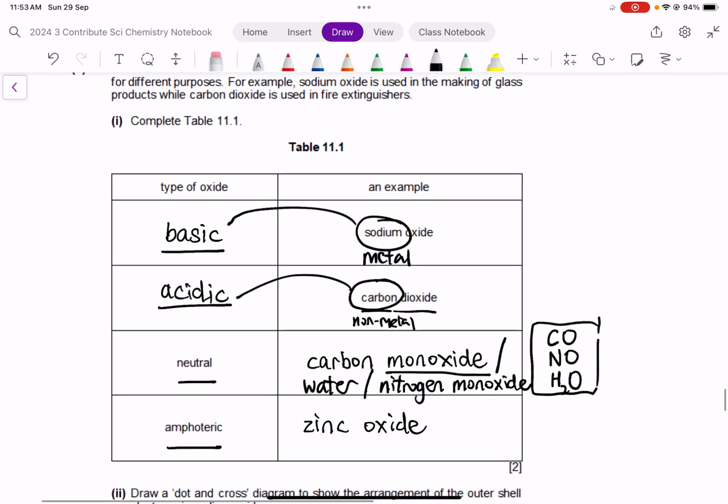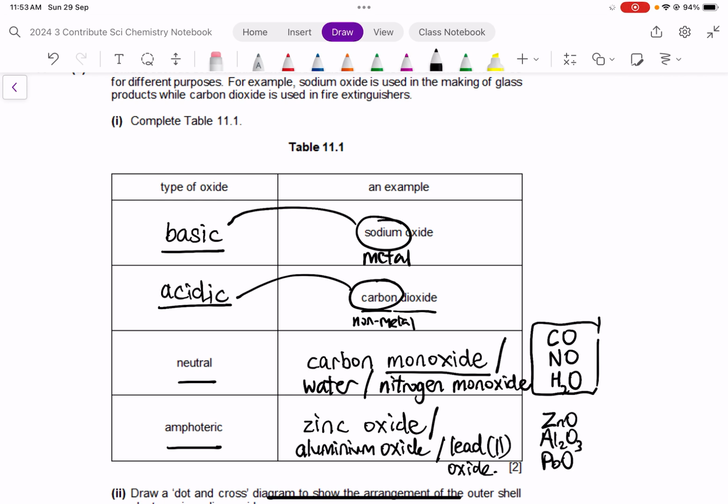And finally, amphoteric oxides. Amphoteric oxides, there's zinc oxide, aluminium oxide, lead-2 oxide. So we remember it as ZEP. Zinc, aluminium, and lead are metals which form amphoteric oxides.